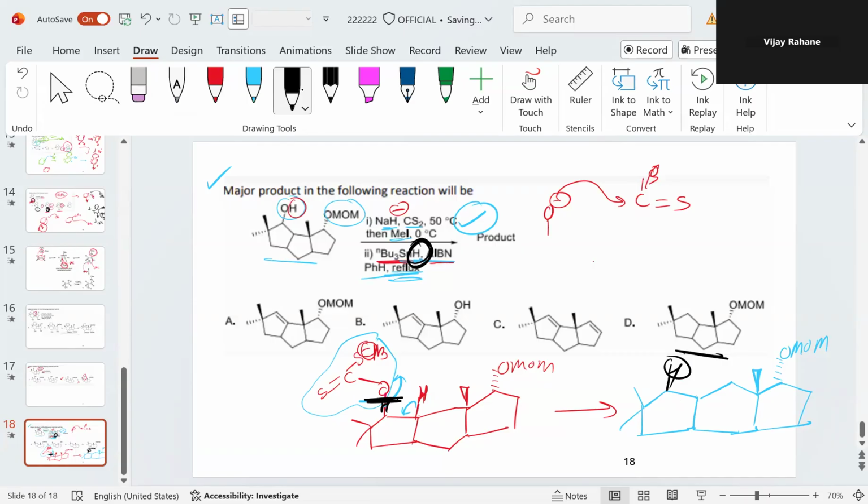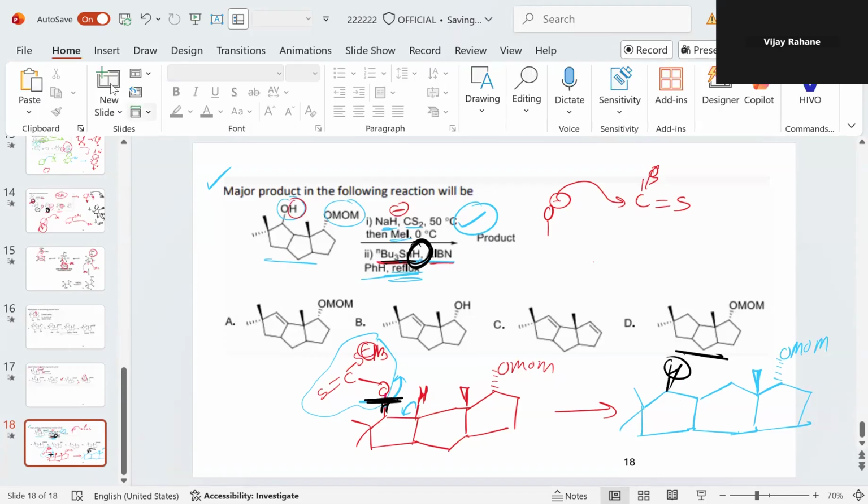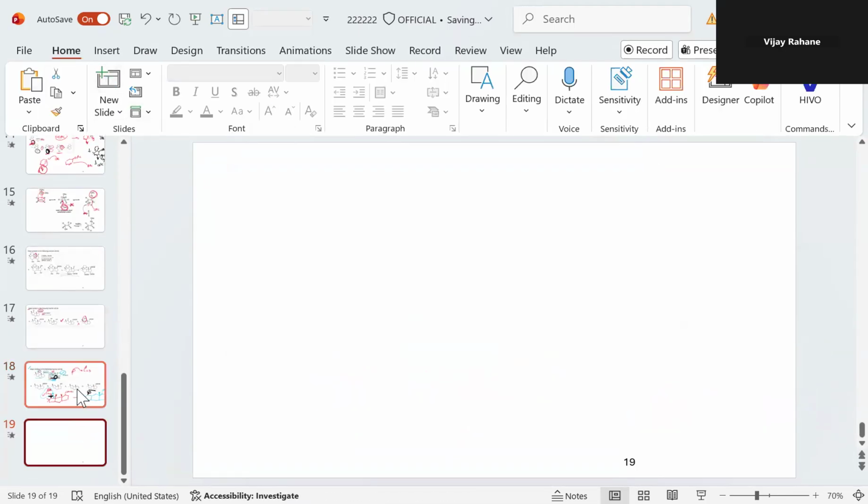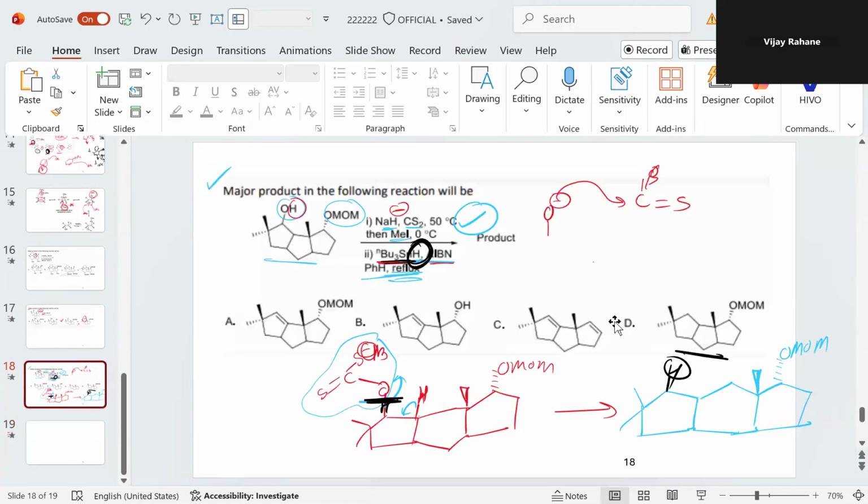The other possibility is that it can form the double bond initially and then the reduction of the double bond using this Bu3SnH and AIBN. So it can go either way, and one of the ways gives this compound D as a product.